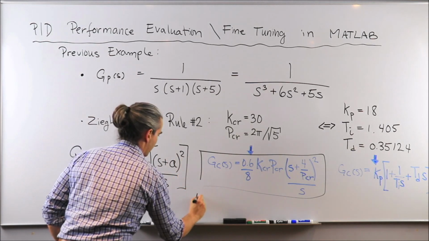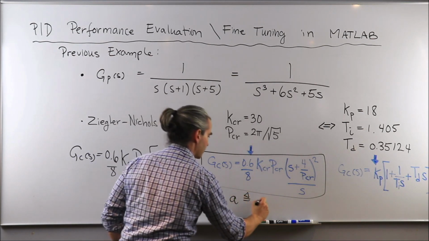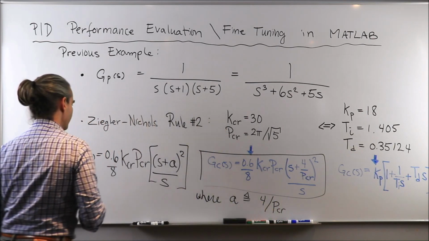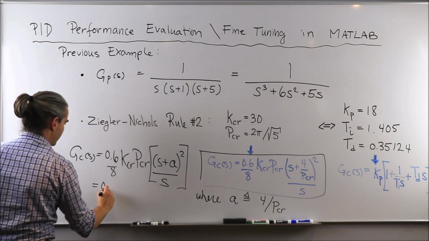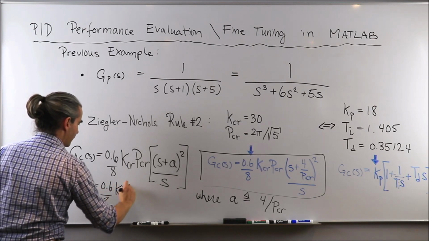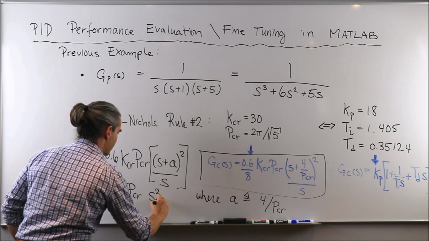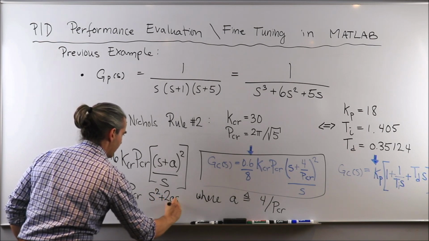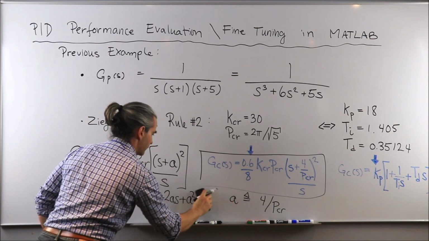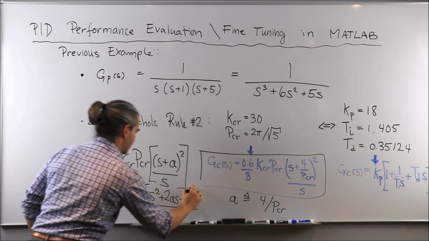So I'm going to say where A was defined to be equal to 4 over PCR, meaning that in a polynomial form, this PID control law would simply be equal to s squared plus 2As plus A squared, all this over s, like that.